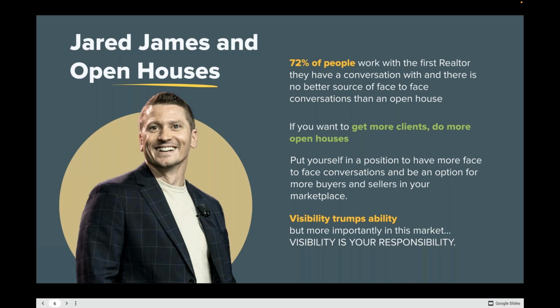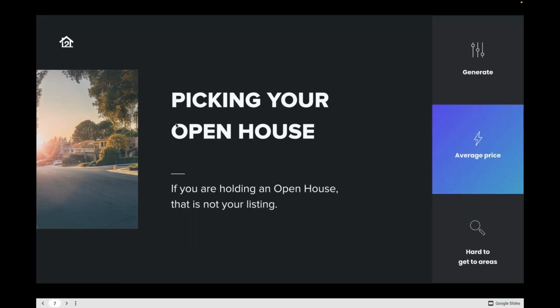And this last one right here, right? Visibility trumps ability. You can be the best agent in the world, but if you're not face-to-face with people, if you're not talking to people, you're not going to get the deals. So doing an open house, doing it the right way, is going to be the easiest thing you've ever done to convert into business.